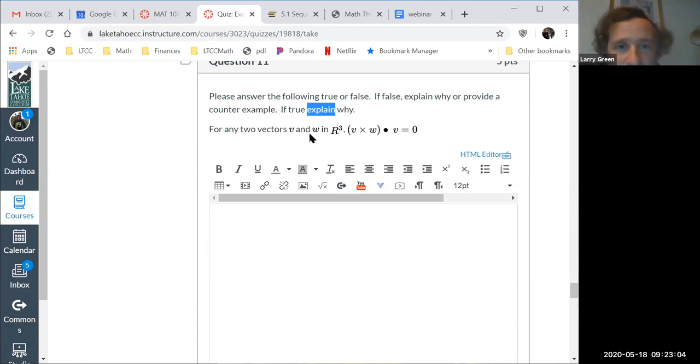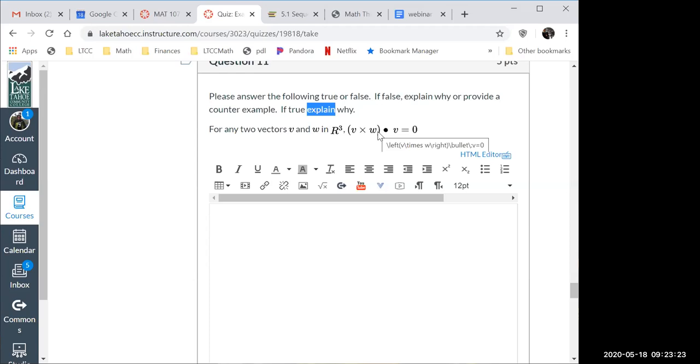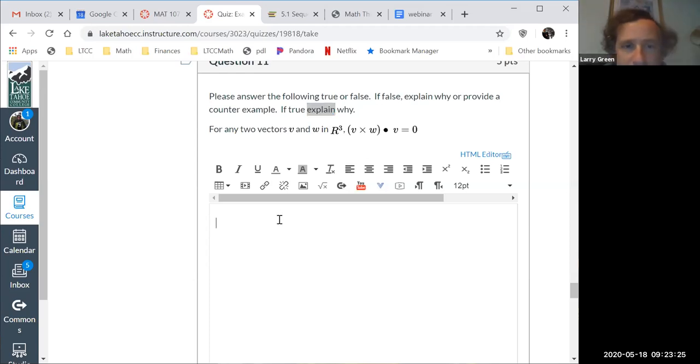So for any two vectors v and w, v cross w dot v is equal to 0. So what is the direction of v cross w? If you take a cross product of two things, what do you know about that vector in terms of its direction? It's orthogonal to those two vectors. Exactly. So let me just write that down.